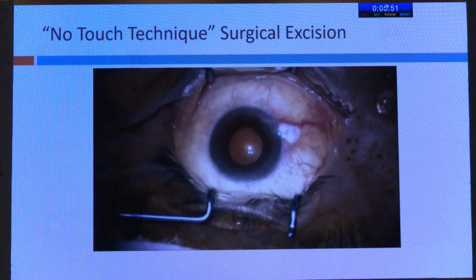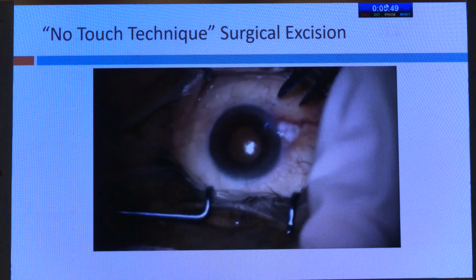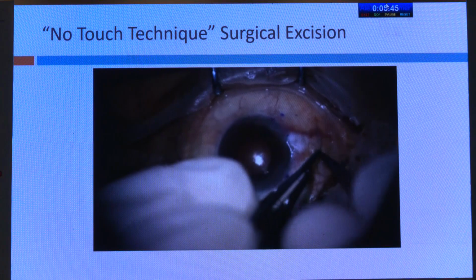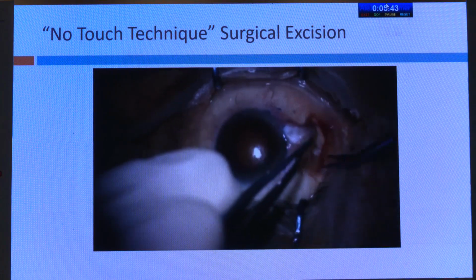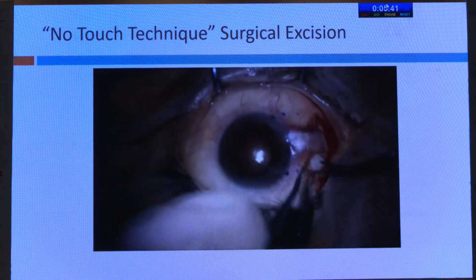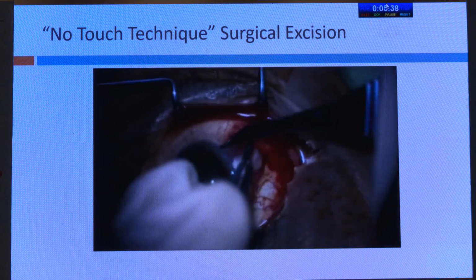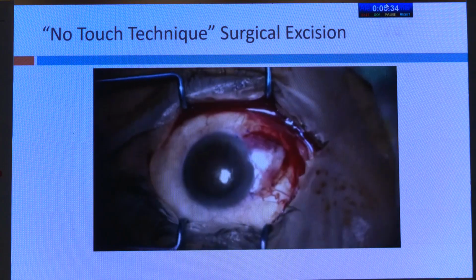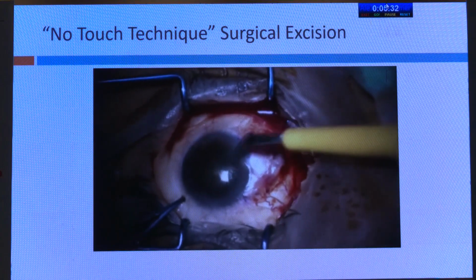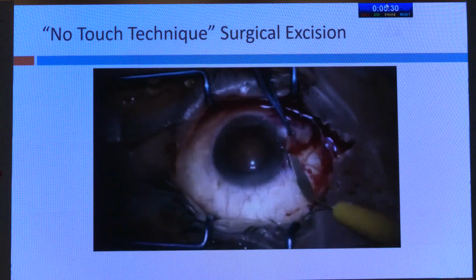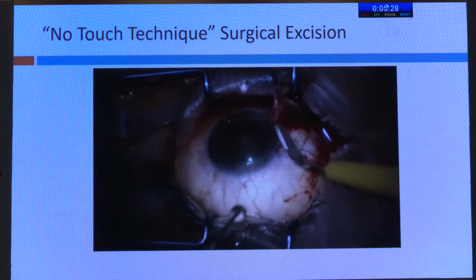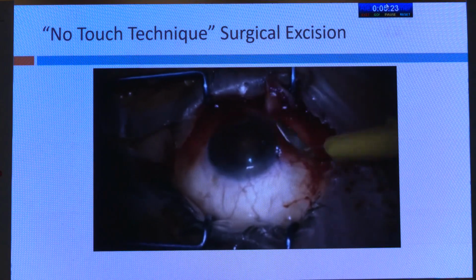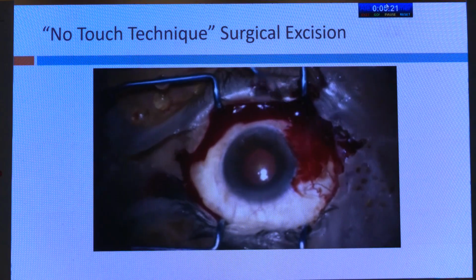As we all know, the gold standard treatment for OSSN still remains surgery with a no-touch technique. A 3 mm mark is made around the OSSN lesion, and a 1.5 to 2 mm mark is made on the limbal side on the cornea, and then with a no-touch technique a peritomy is done. 100% absolute alcohol is applied on the corneal epithelium, following which a simple and easy debridement of the corneal epithelium is done, and with the help of a crescent, a blunt dissection of the tissue or the tumor is removed.